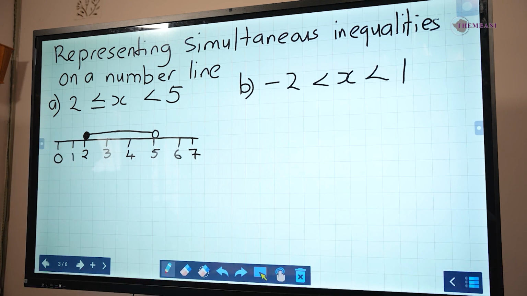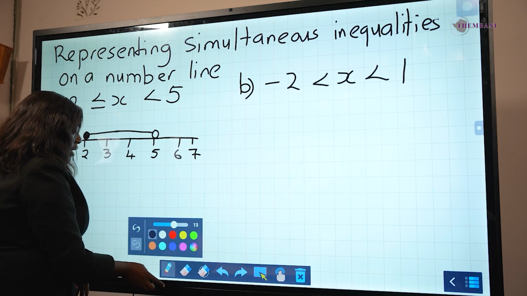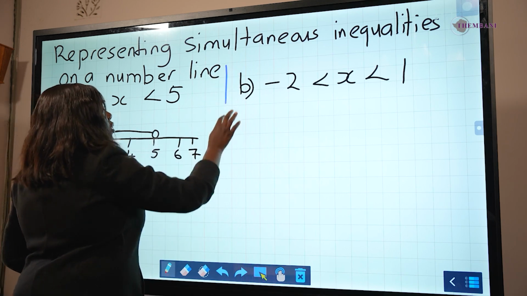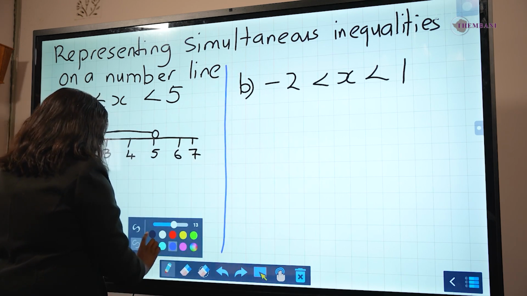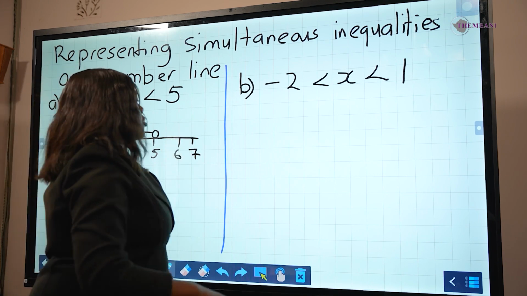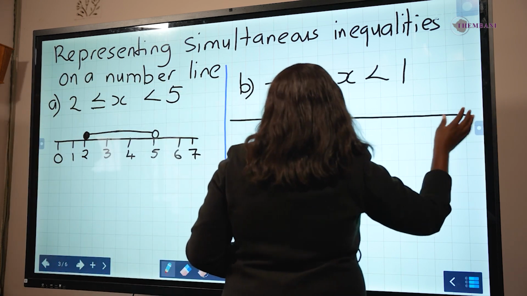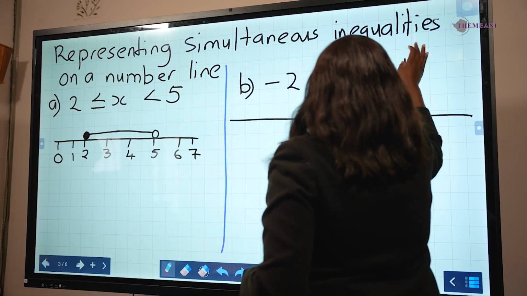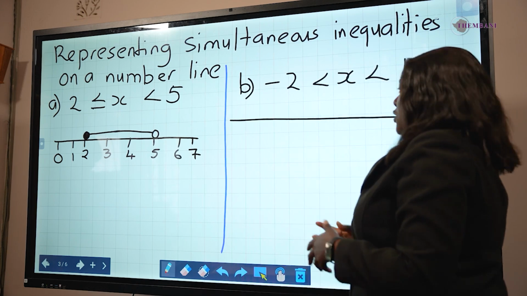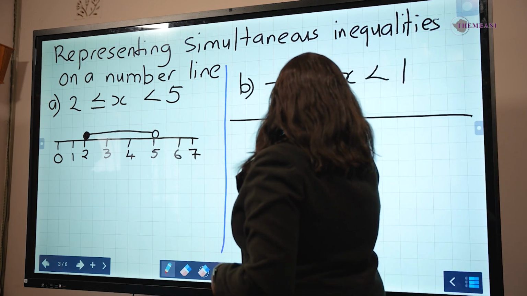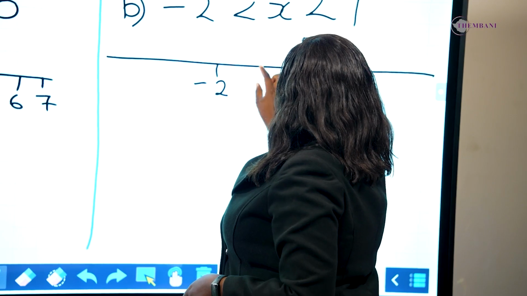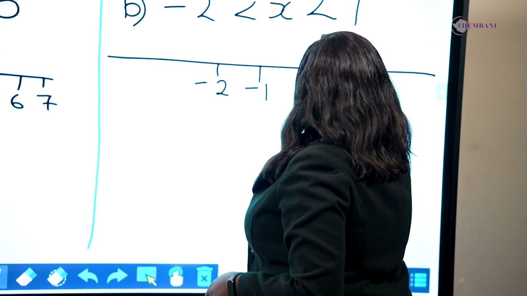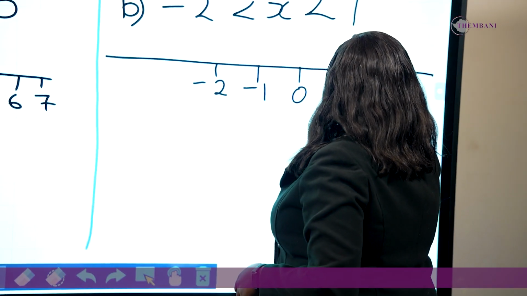I'm going again to do another one so that we are able to follow through when we are given these inequalities. We have this one. I put again my number line. My focus number is -2 and the other focus number is 1. So I need a -2. From -2, I have -1. I also have 0. I also have 1.